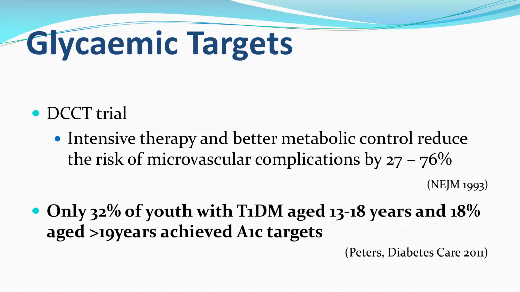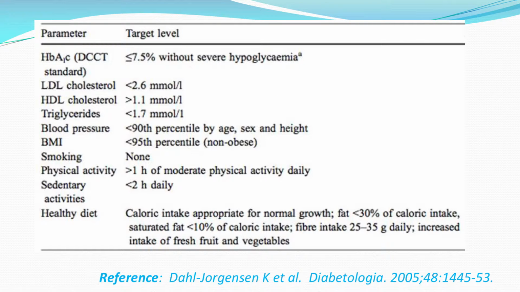Microvascular complications and periodontal health can be reduced 27 to 76% with better metabolic control. However, only about a third of youth were able to achieve that. These are the cardiovascular targets that we're looking for, and as Jorg set the scene, cardiovascular health and periodontal health are very much interrelated.